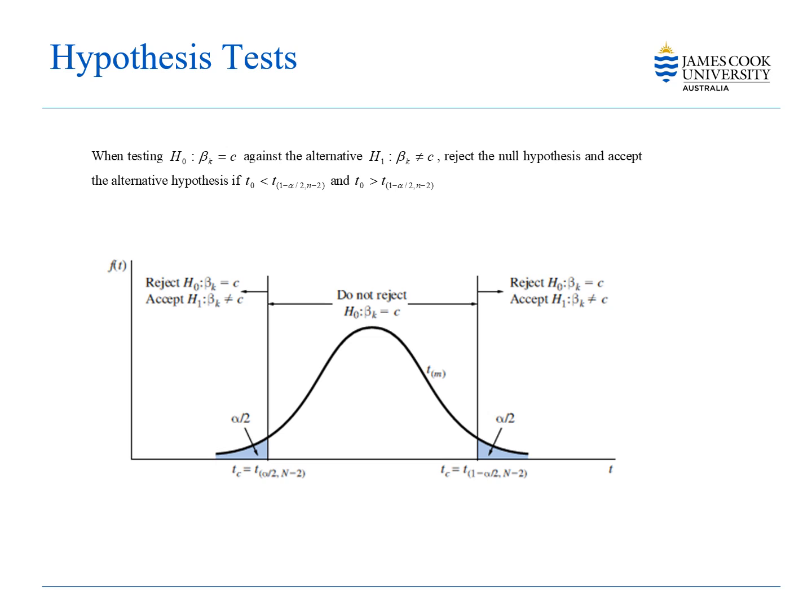In contrast, if you have an alternative like this, H0 is beta k equal to C, H1 is beta k not equal to C. In such cases, if the null is true, then bk minus C should be very close to 0, shouldn't be too far away.